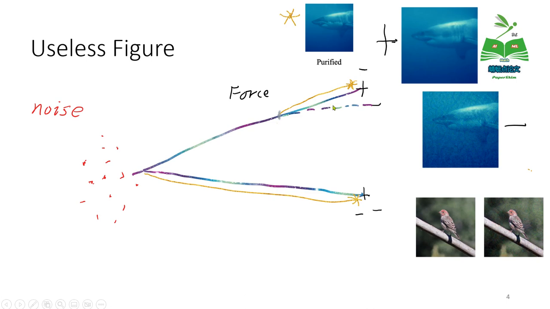Okay, so suppose the path, of course, the path is not very exact, it has some range. So through the clean image and the adversarial image, the diffusion paths may meet at some certain point.